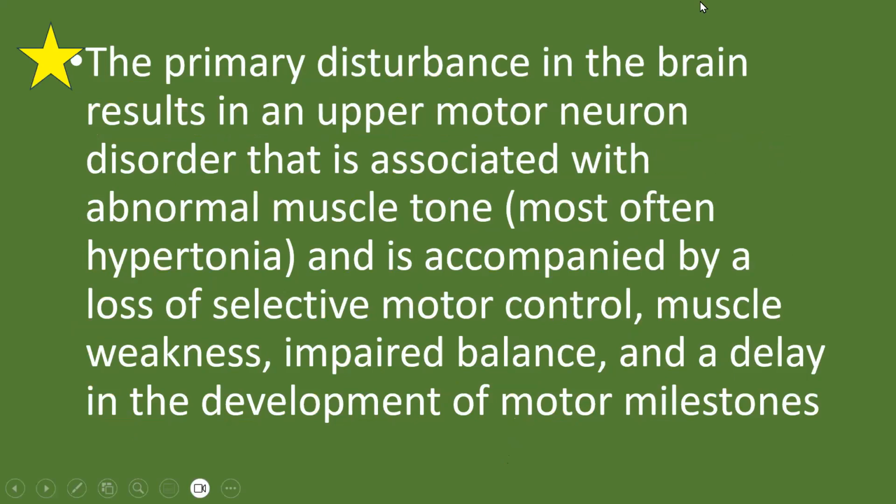The primary disturbances in the brain result in an upper motor neuron disorder that is associated with abnormal muscle tone, most often hypertonia and spasticity, and is accompanied by a loss of selective motor control, muscle weakness, impaired balance, and a delay in the development of motor milestones.